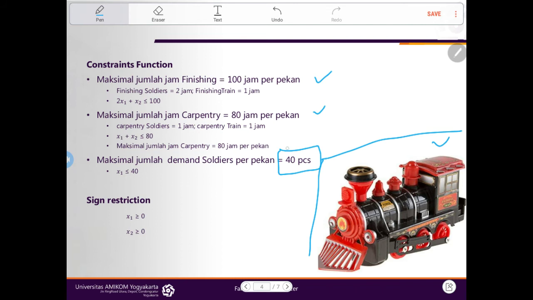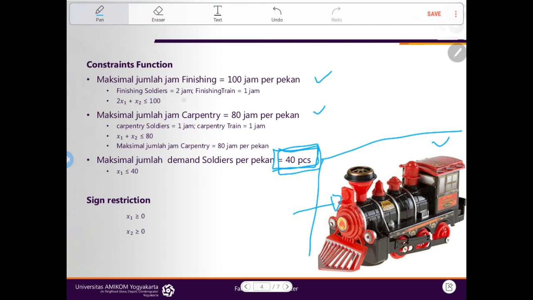So you must focus to fulfill all the expensive ones, soldiers, 40 pieces, and then the rest of the resources you can use to make the train toys. Okay, the maximum is 100 finishing hours.